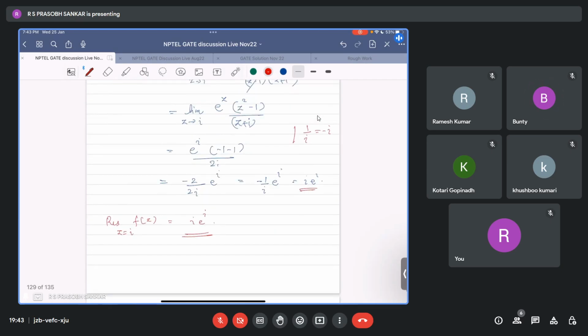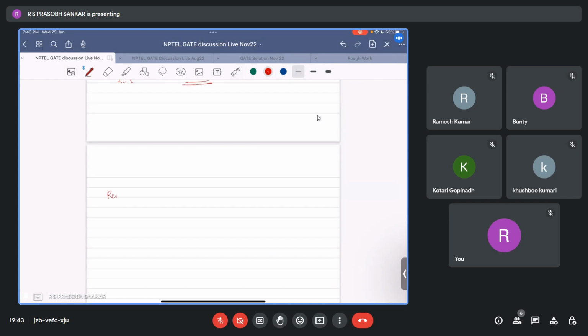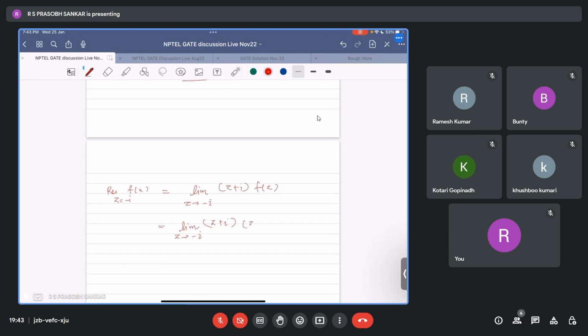Yes, sir. Okay, thanks. Now, what do we need? We need the other residue. So what do we have? The residue of the function f of z at z equal to minus i. This is the limit of z going to minus i, z plus i, f of z, which is again z square minus 1 e raised to z by z plus i, z minus i.